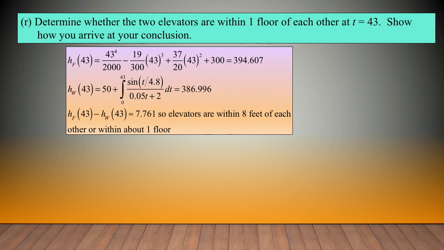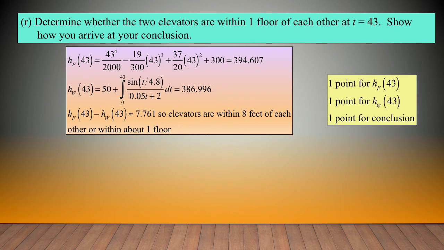Subtracting the two values, we get approximately 7.761. And that means that the elevators are within about 8 feet of each other, meaning that they are within one floor. 3 points for this problem, 1 for finding H sub F of 43, 1 for finding H sub W of 43, and 1 point for the conclusion.